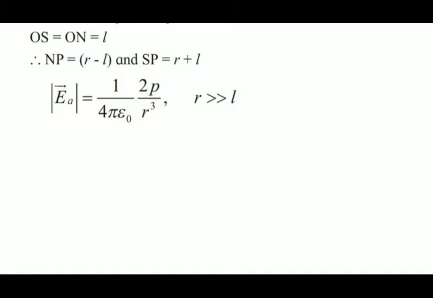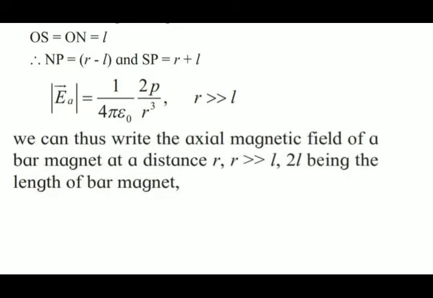P is the electric dipole moment, and what we have is the magnetic dipole moment, vector m. r cube is the distance, so it will remain the same. So finally, we can write the axial magnetic field of a bar magnet at a distance r, where r is much greater than L, and 2L is the length of the bar magnet.